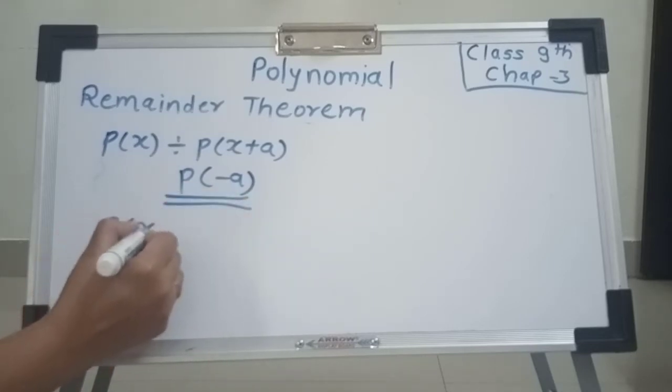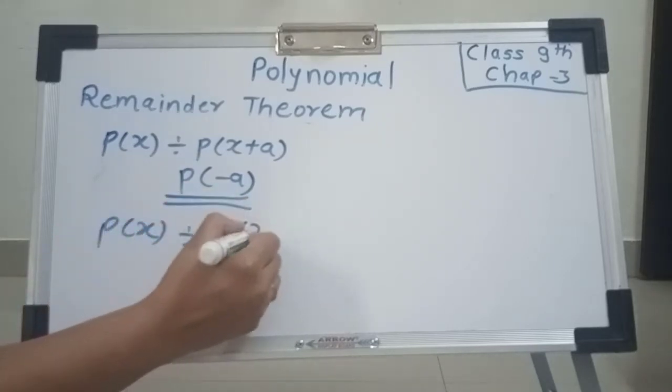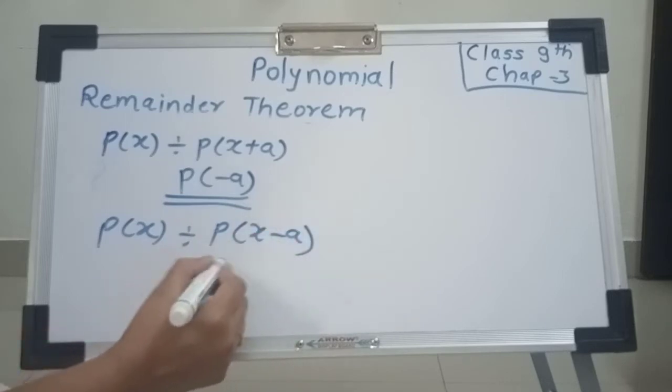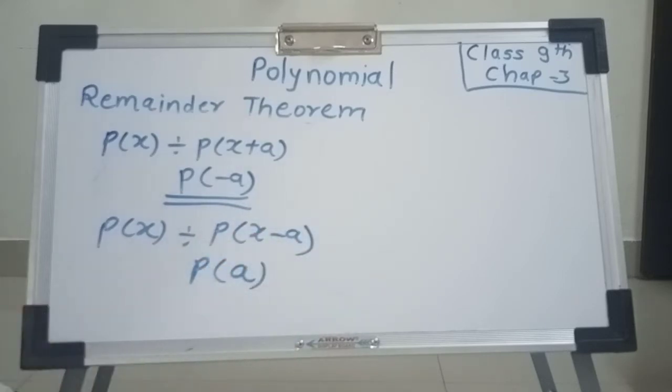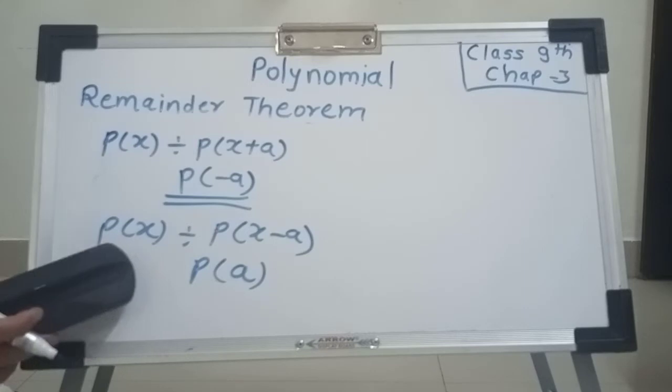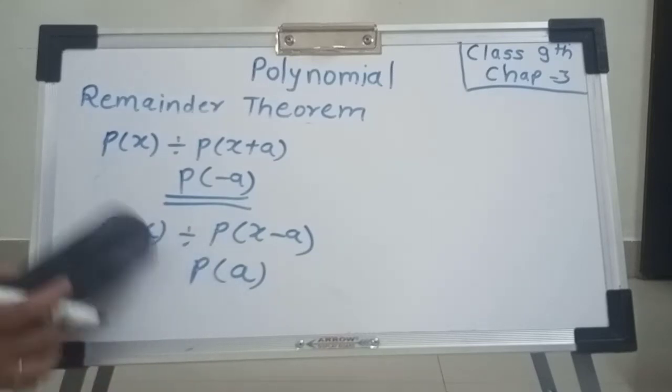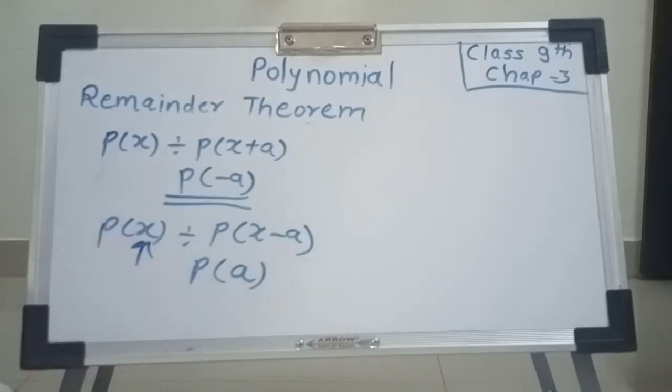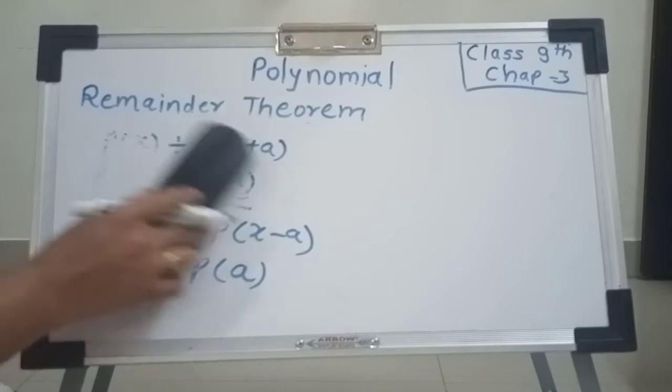And when we divide the polynomial P(x) by x minus a, then our remainder is P of a. That means we put the value of a in place of x in the polynomial, and we get the remainder directly. This is called the remainder theorem.